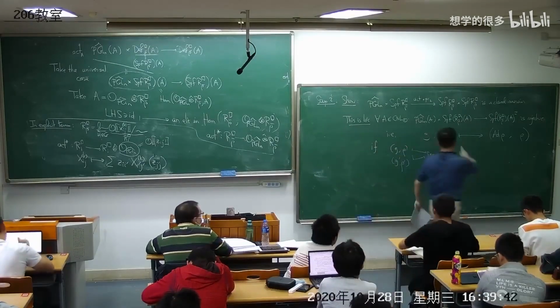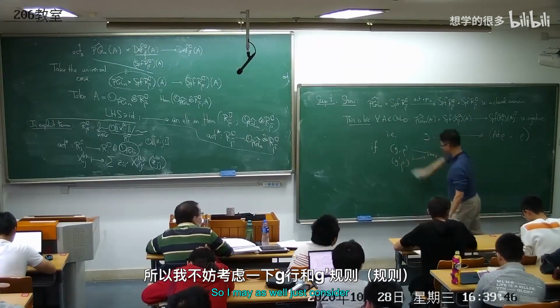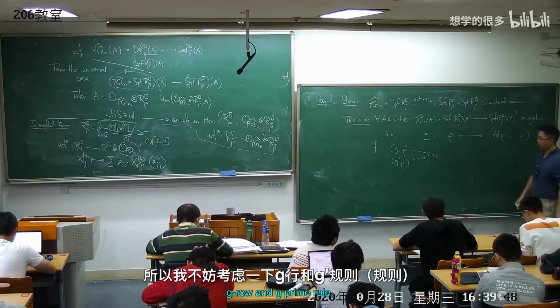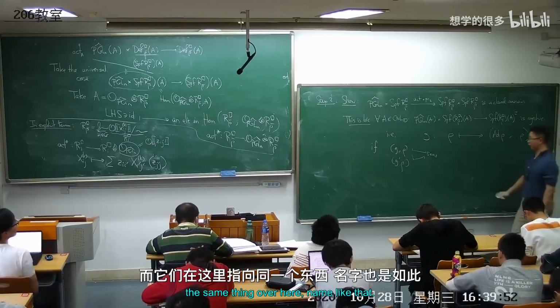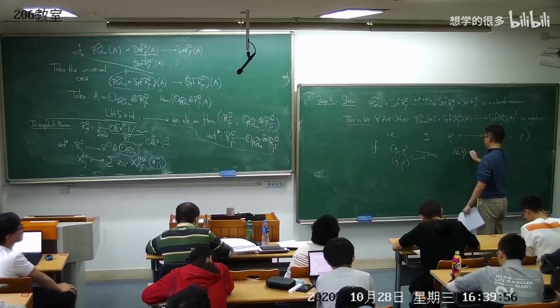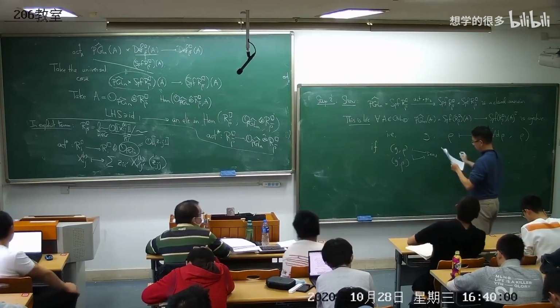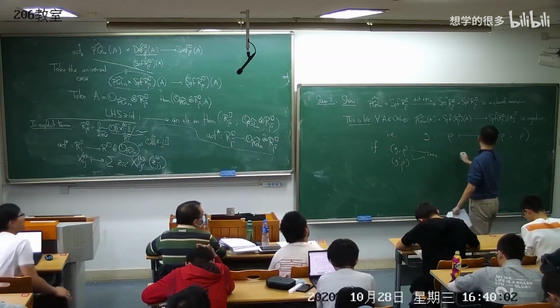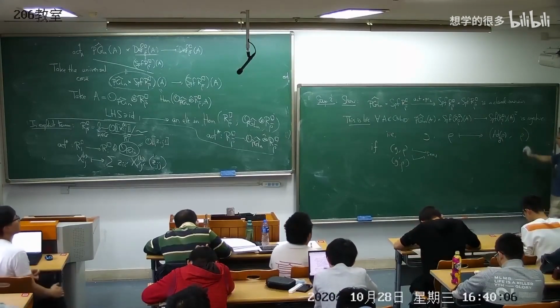But we know that the rho is already recorded here, so I may as well just consider g, rho and g', rho. And they go to the same thing over here, namely the adjoint of g on rho, conjugating rho by g.